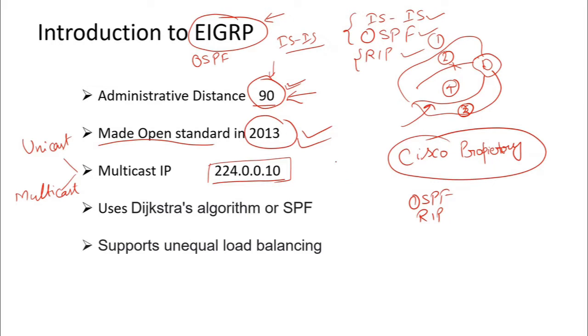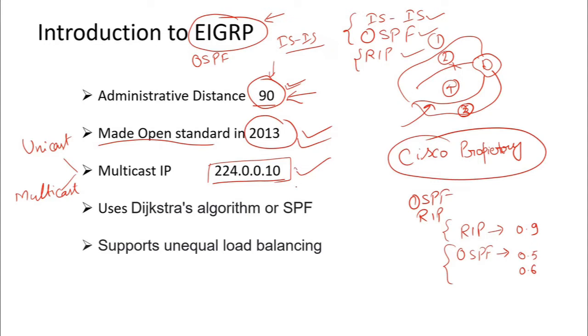There are specific multicast IPs for OSPF and for RIP as well. For example, RIP uses 224.0.0.9, and OSPF uses two multicast IPs, 224.0.0.5 and 224.0.0.6. I'm telling you this now because if you learn with comparison, you learn it very fast. If I tell you only the multicast IP of EIGRP, you might forget it.